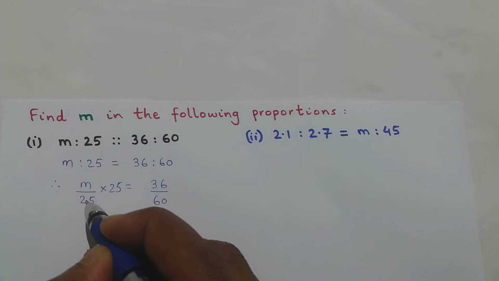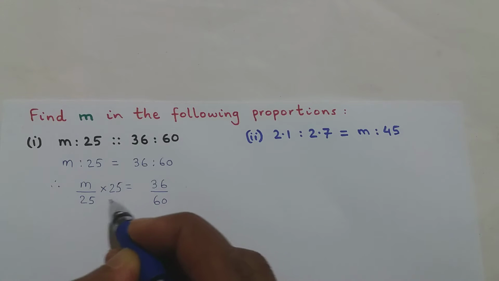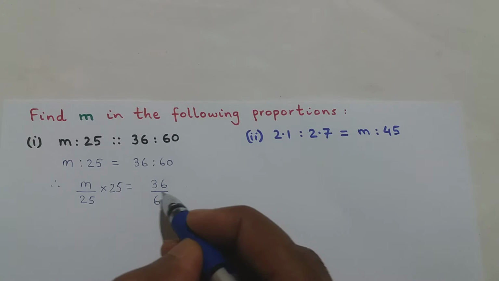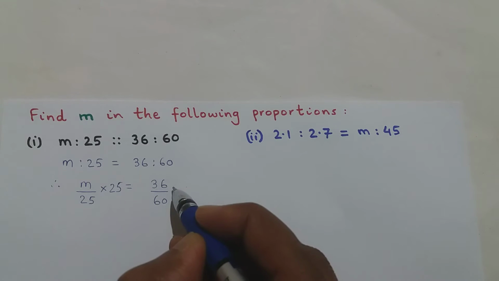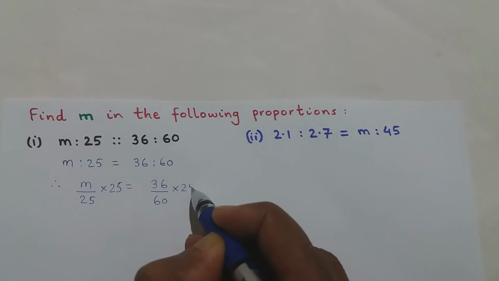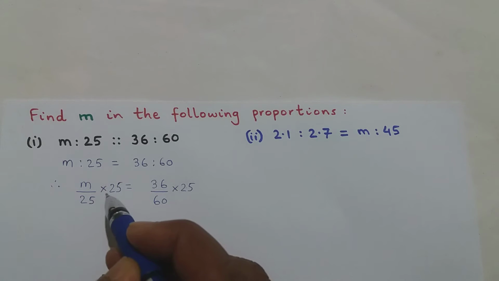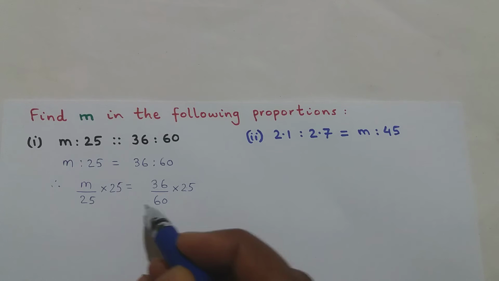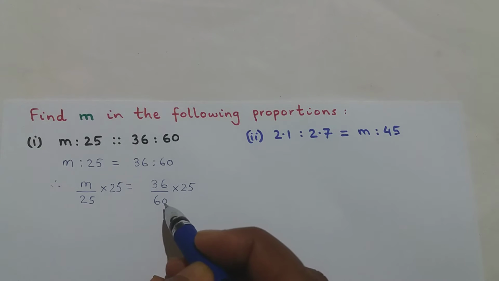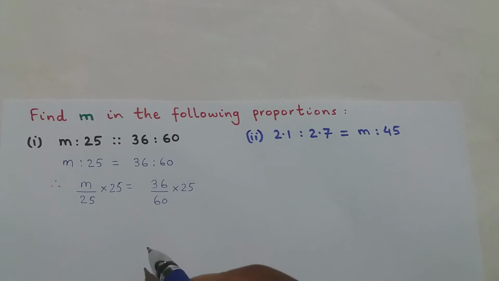And since I am multiplying the left hand side of the equation with 25, I will multiply the right hand side of the equation also with 25. So it becomes m upon 25 into 25 is equal to 36 upon 60 into 25.